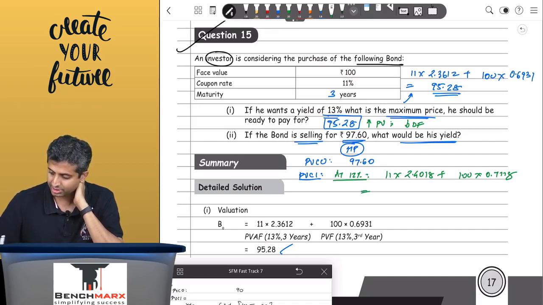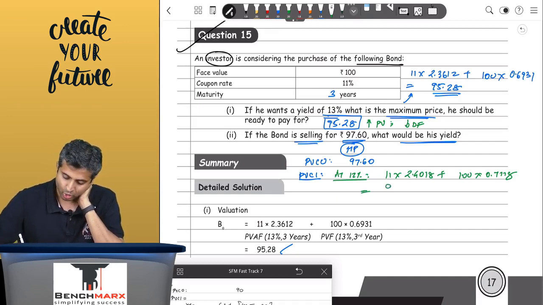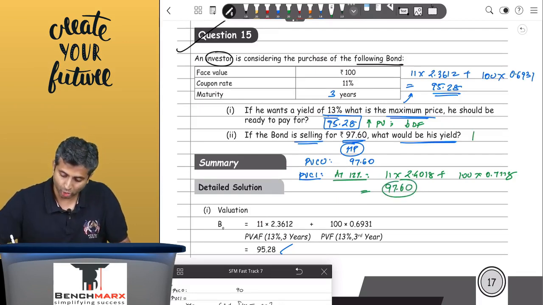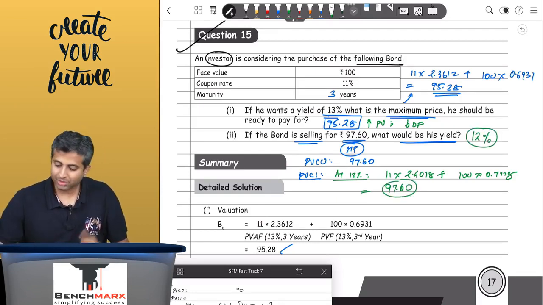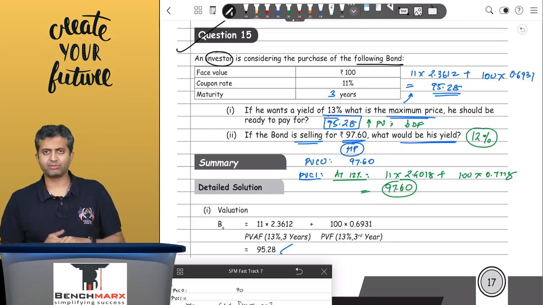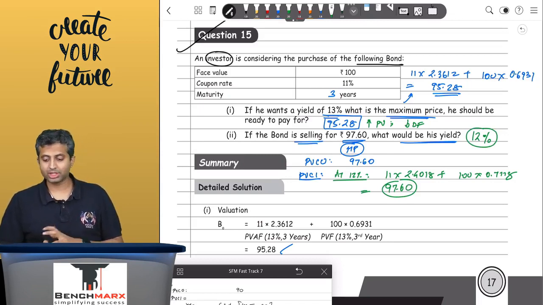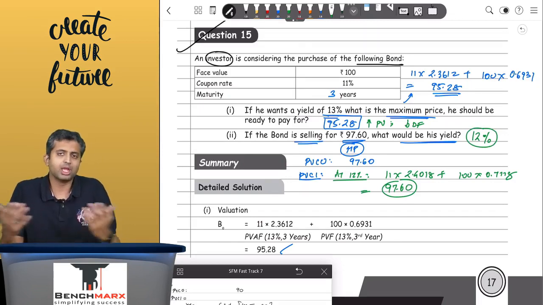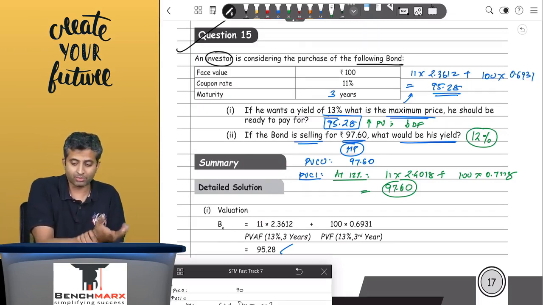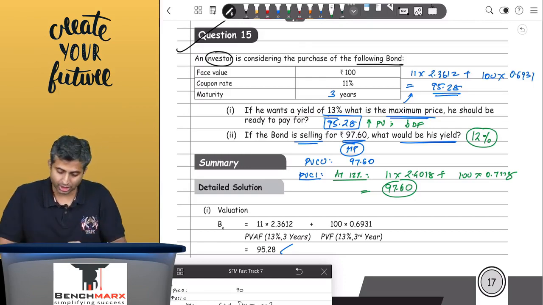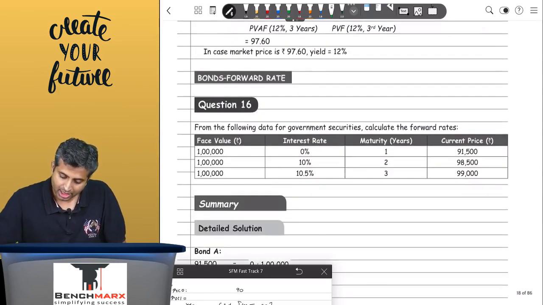Perfect. Coincidentally you get 97.6, which means, do I need to do any interpolation? No. Now you might be requiring 13%. However, if the price today is 97.6, what you will get at the end is 12%. You might not buy this bond, but the yield, if you want to calculate, is actually 12% in this case.